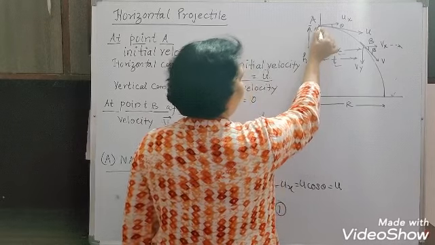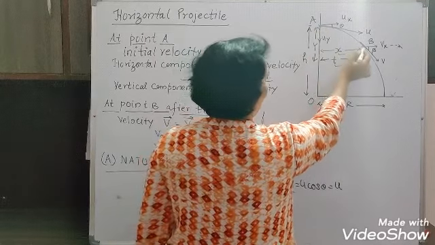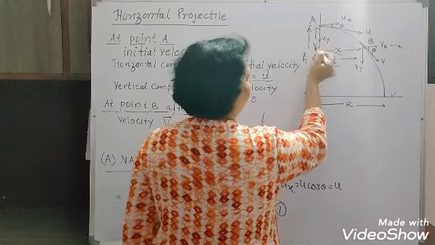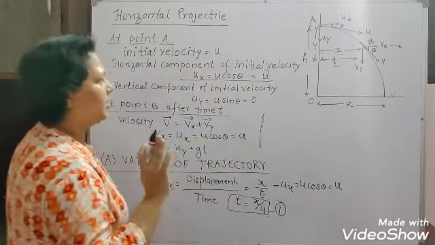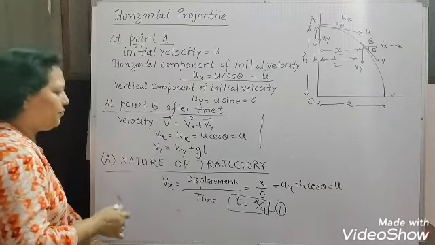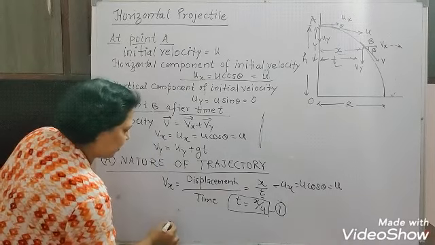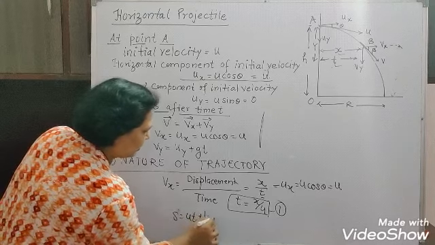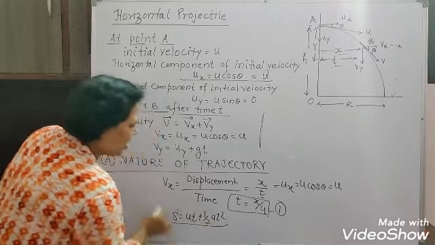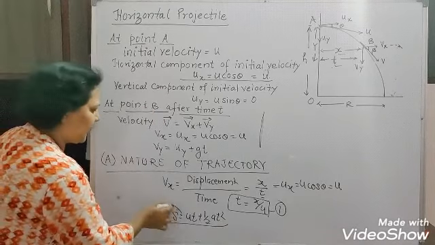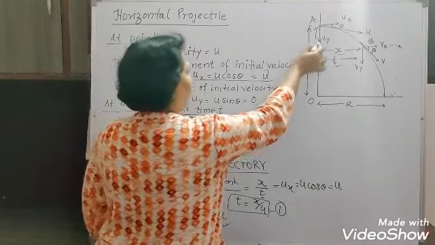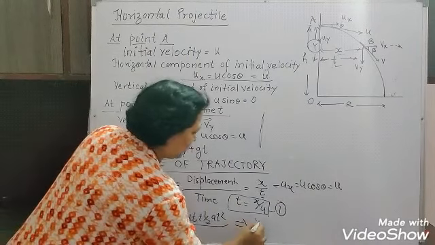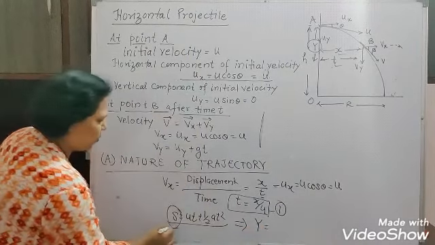It is initially at point A, now at point B after time t. So suppose the y displacement is there. We know the formula s equal to ut plus half at square. By this formula, s is the vertical displacement we are taking here, so s is equal to y.